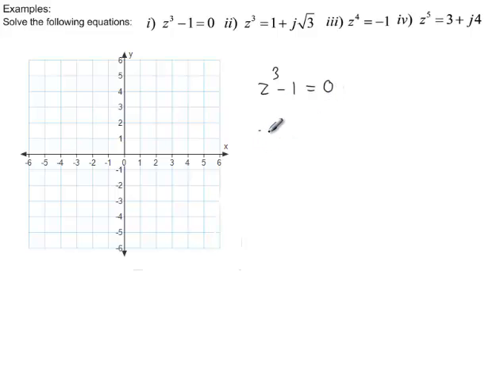Now, let's see what we have there. We have Z to the power 3 equals 1. According to what we said, step number 1, we need the modulus of this number. Z is equal to 1, and writing it as a complex number, we should say 1, that to the power 1 over 3.